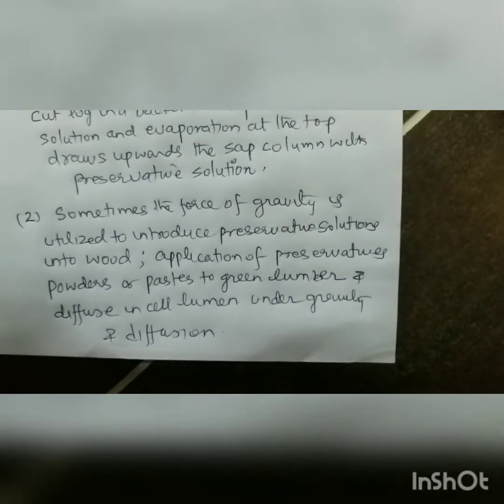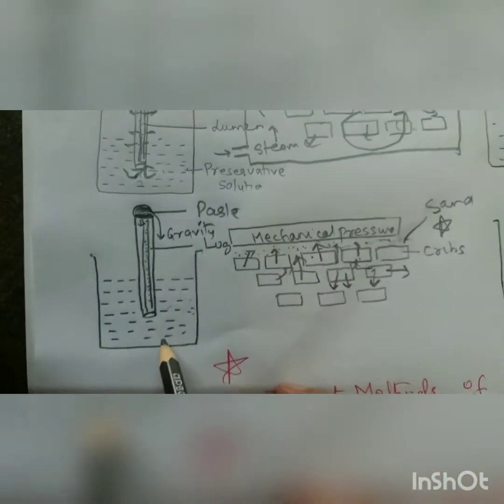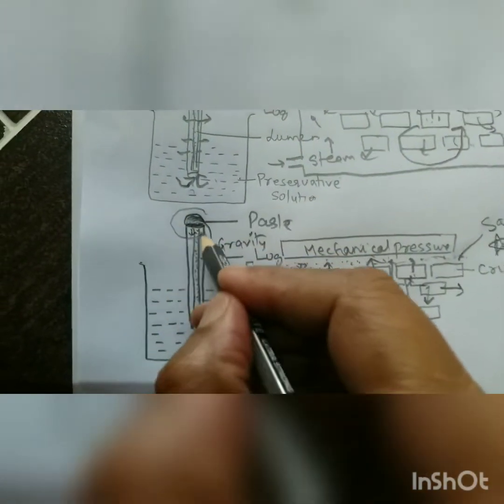Now we are coming to the second method. Sometimes force of gravity is utilized to introduce preservative solutions in wood. In this, preservative powder or paste is applied to green lumber and diffuses into all the lumen under gravity. See, here we put a log in preservative solution, and we put paste here.